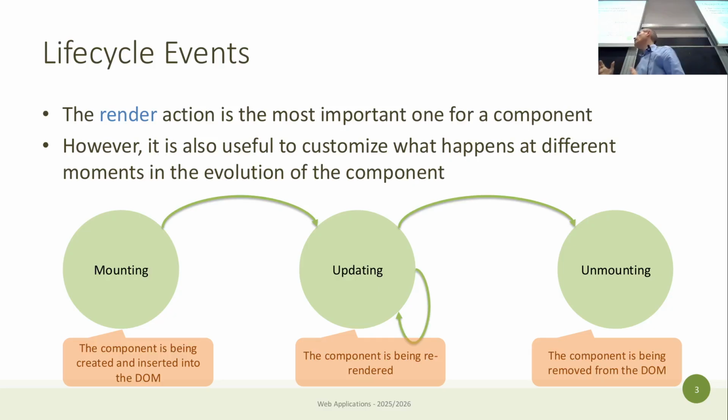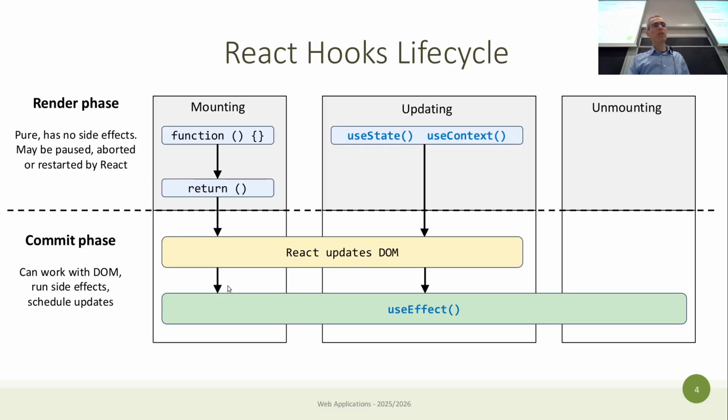We would like to say to the server, please give me some information about what I should show. And that's a typical action you do at mount time for a component that contains some information you want to display to the user. That's, let's say, the most trivial use case, but very important, because without it we cannot really load the information from the server.